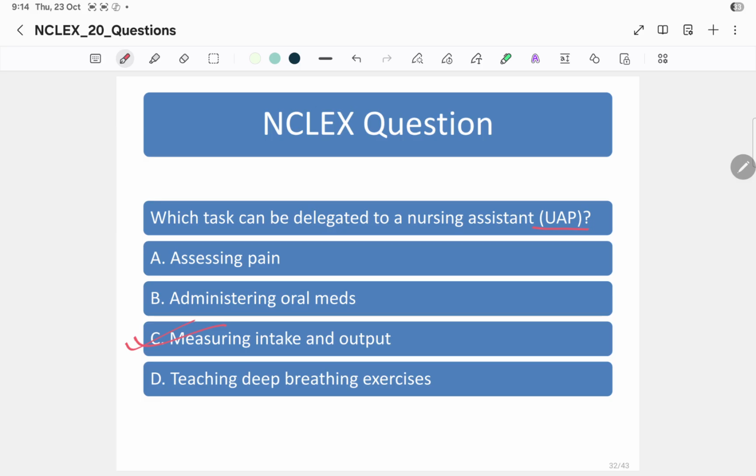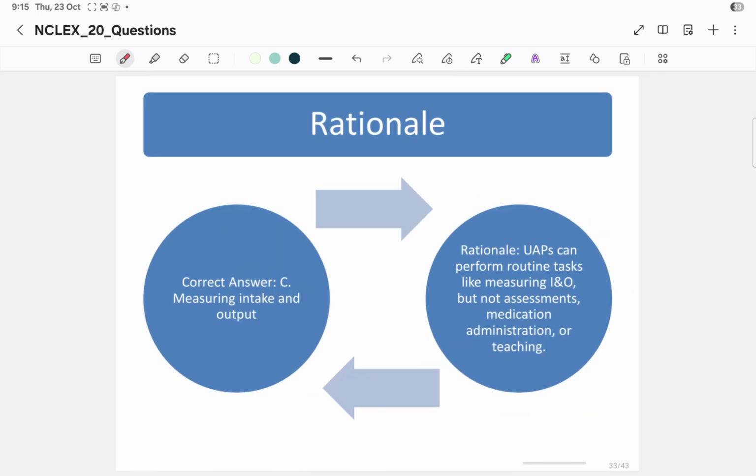These UAPs are not allowed to assess, administer any medication or give any teaching to the patient. Clear? Rationale: UAPs can perform routine tasks like measuring intake and output but not assessment, medication administration or teaching.